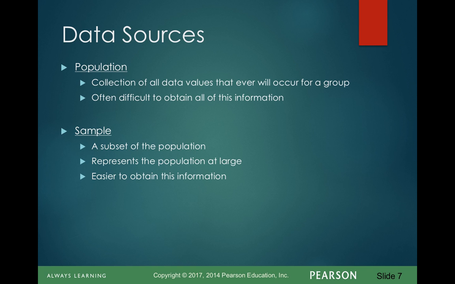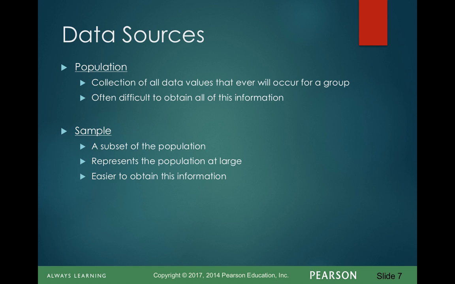Data sources. This is one of the key slides of this PowerPoint. Think of a population as the broader, larger group of people, subjects, cats, dogs, trees, animals, whatever it may be, that you want to generalize to.